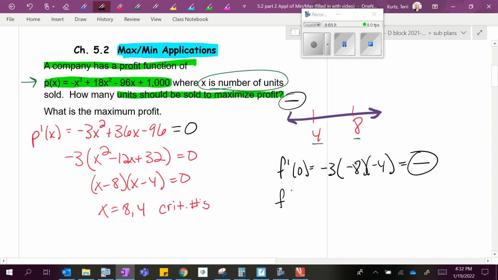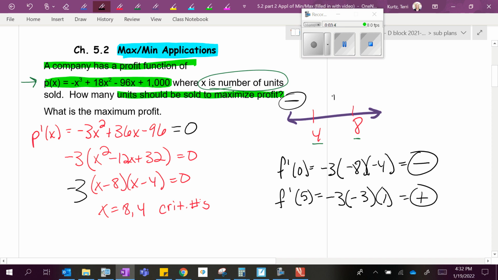We choose a value between 4 and 8. I'll just choose 5. Hang on, let me just redo this. Choosing 5, we get a negative 3, a positive 1 and a positive 3, so we get a positive.